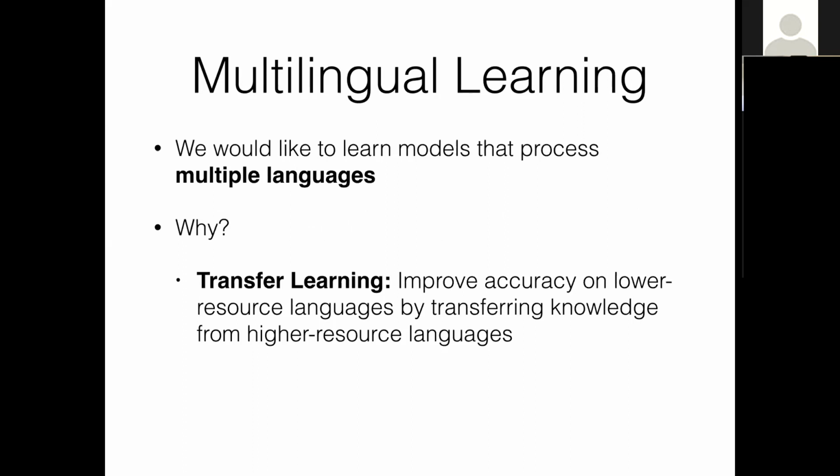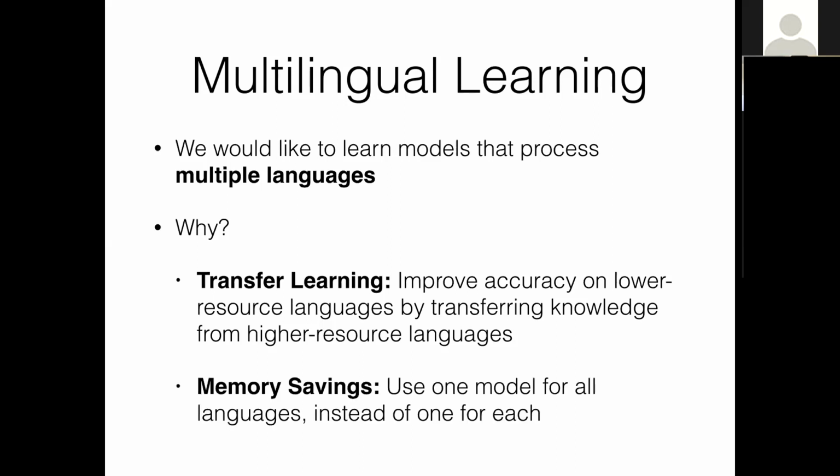So we have transfer learning, where we can improve the accuracy on the lower resource language by transferring knowledge from higher resource languages. The second reason is memory savings. We can use a single model for all languages versus having to train one model for each language, which can get computationally expensive.